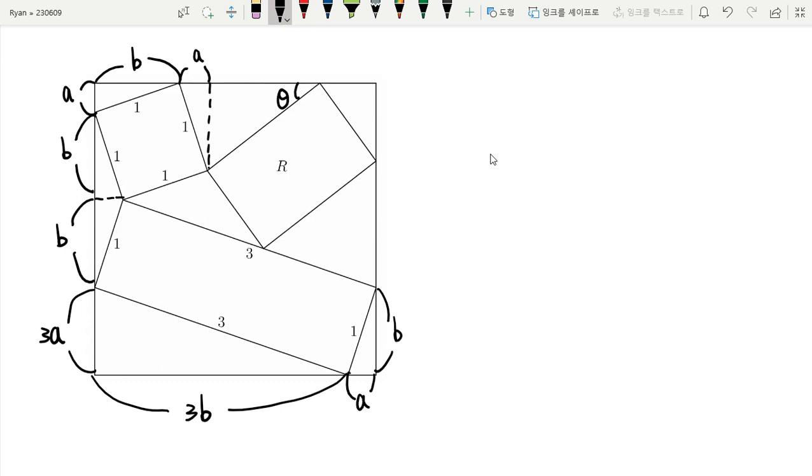These two triangles at the upper right are similar, so this angle is also theta, and this one is also theta, because these bottom two triangles are similar.